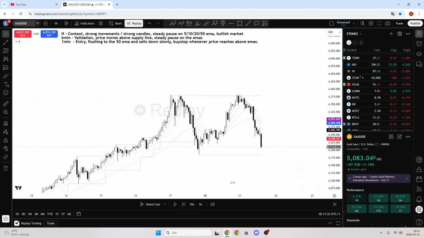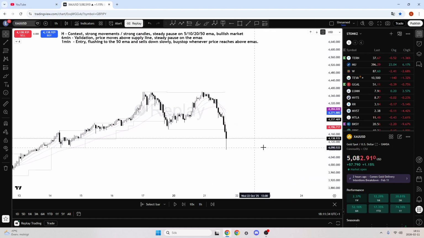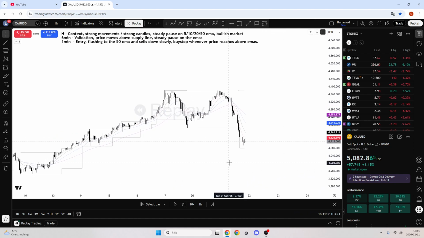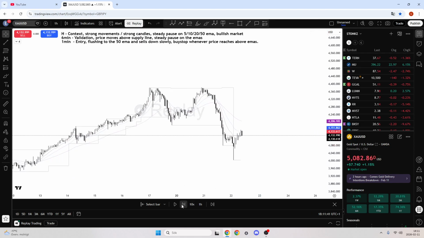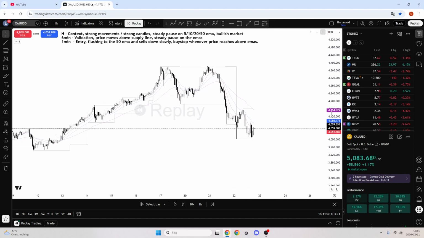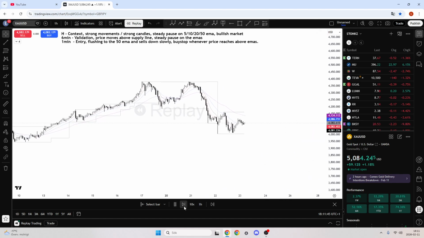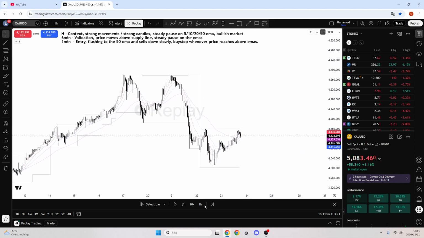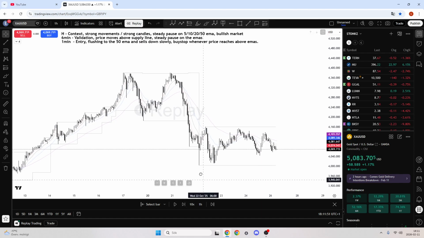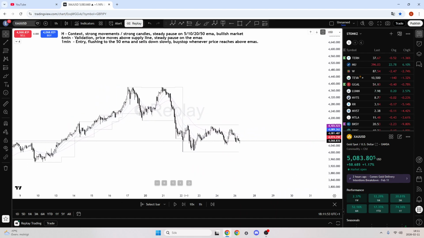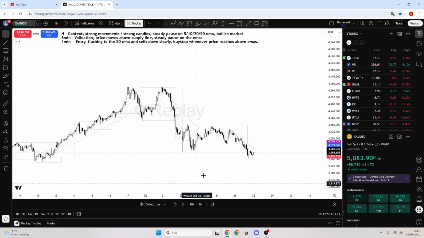Let's see what price does. We keep on flushing, and this market starts to look like distribution here on the hourly. So nothing for me to do. We're kind of going sideways, so I'm not interested.